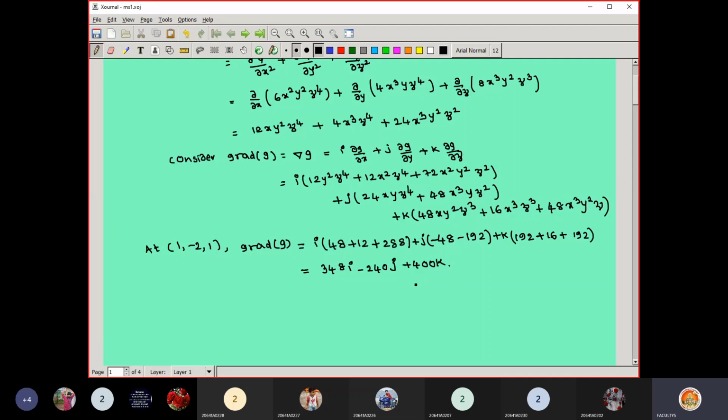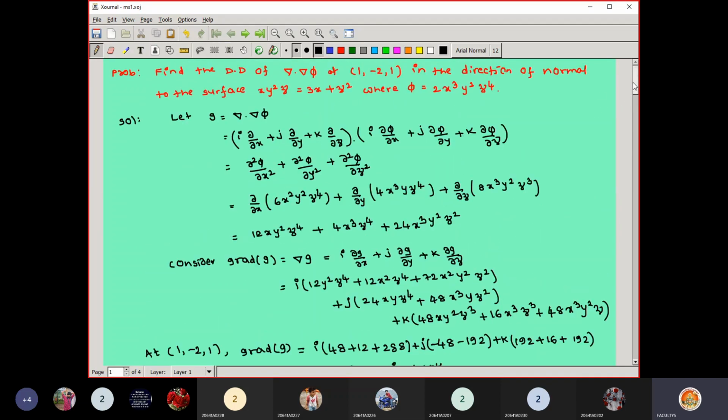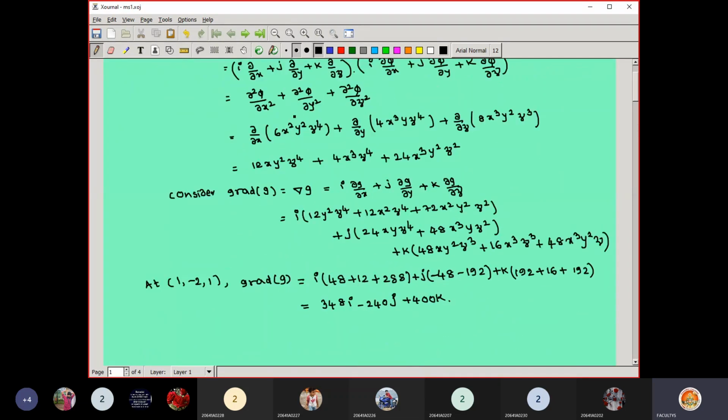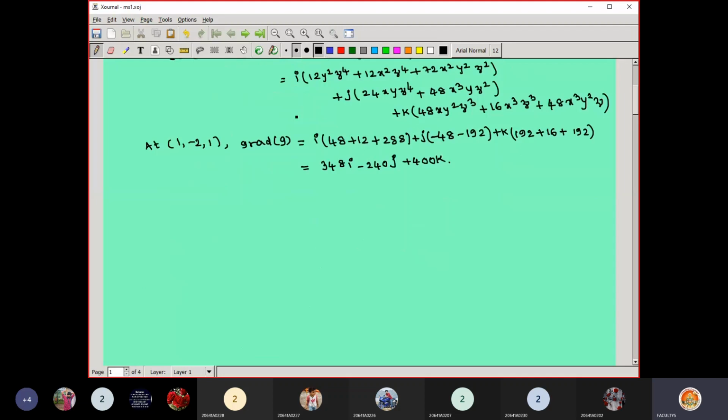Till now we calculated only the gradient. In order to get the directional derivative, we require the next thing, which is a vector. Is there any vector they have given? The first one is in the direction normal to the surface. Instead of giving a vector, they have given again a scalar. So here we need to convert that scalar. I am supposing that scalar as some f.